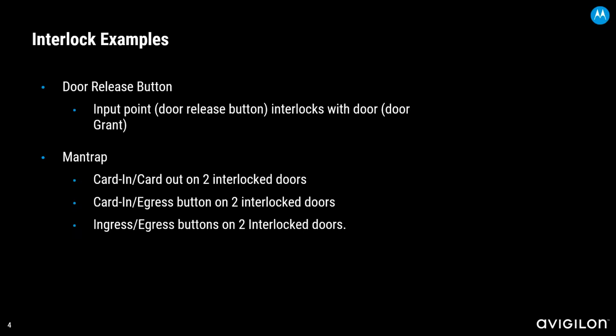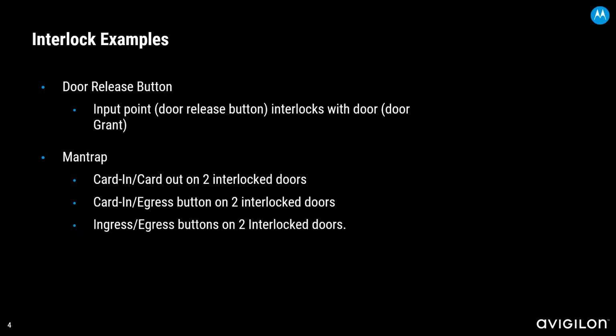In today's demo portion, I'm going to talk about setting up a man trap for card in, card out. And then I'm also going to show you where you could do that, where the door is card in, but you have an egress button to get out. And then, of course, there's also the interlock scenario where you don't have a reader at all.